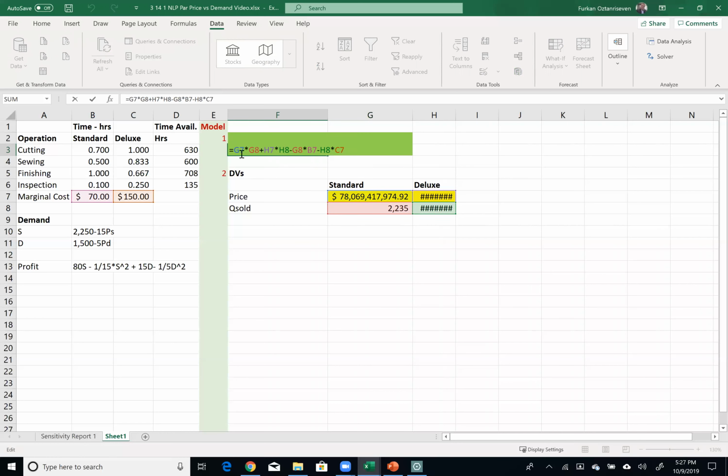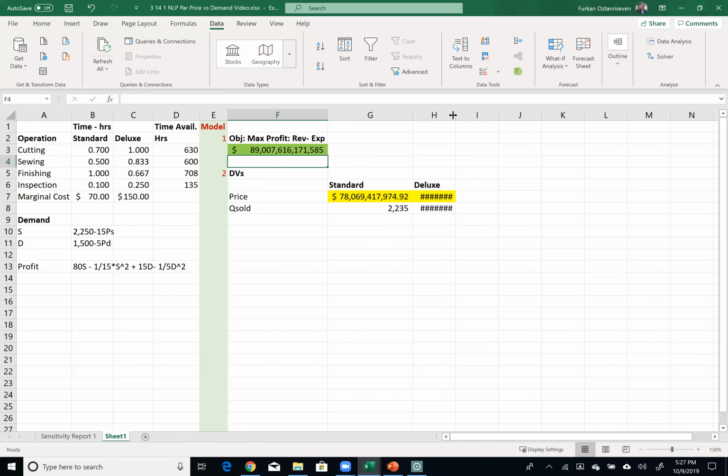Basically G7 times G8, plus H7 times H8, minus G8 times the cost, and minus H8 times C7. That looks good to me.